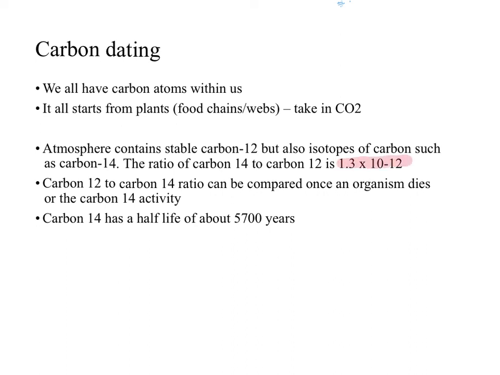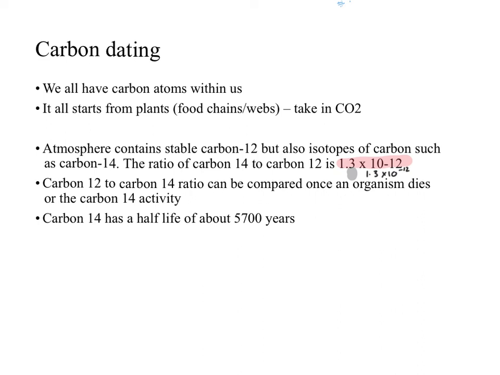We are assuming that it's about 1.3 times 10 to the minus 12, the ratio of carbon-14 to carbon-12. So you can see that there are much fewer carbon-14 isotopes. And like I said, we are assuming that the ratio is the same in all living things.